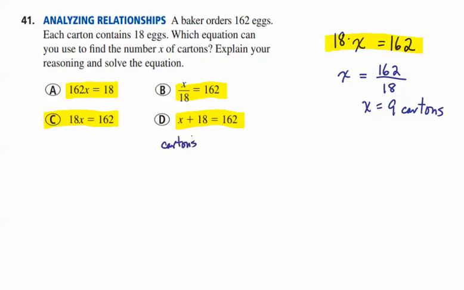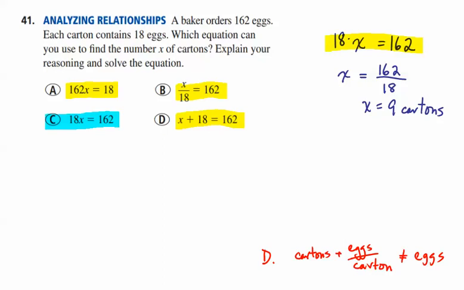Cartons plus eggs per carton cannot equal eggs. Remember that when we're adding or subtracting, our two units have to be the same. You could probably do a similar type of dimensional analysis, or unit of measure analysis, on each of the other ones. So the answer that we want here is C.